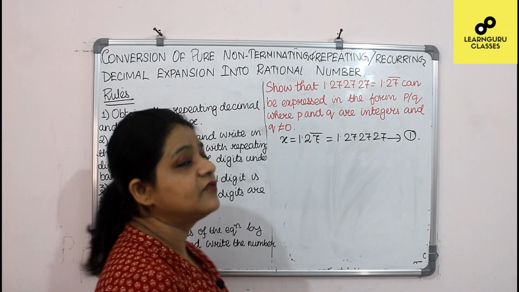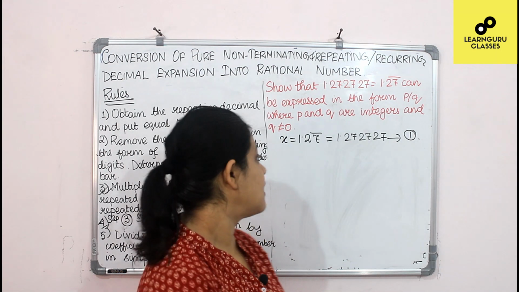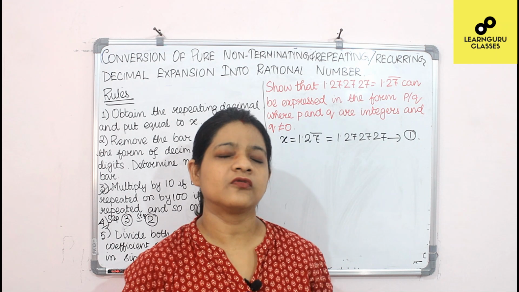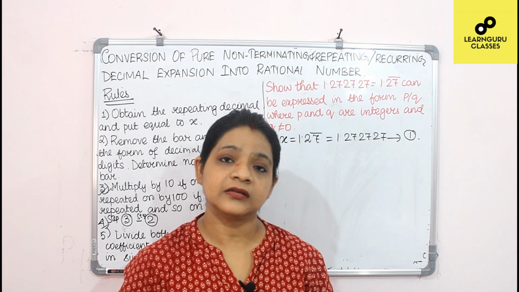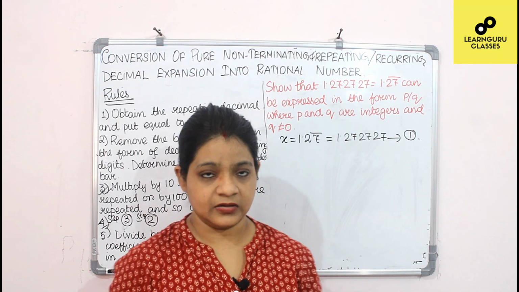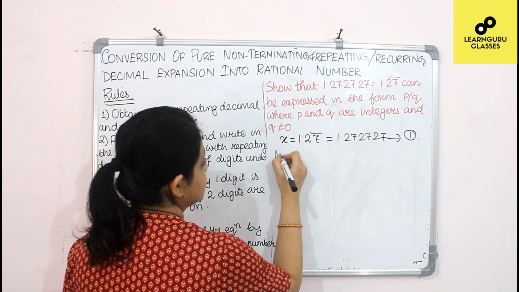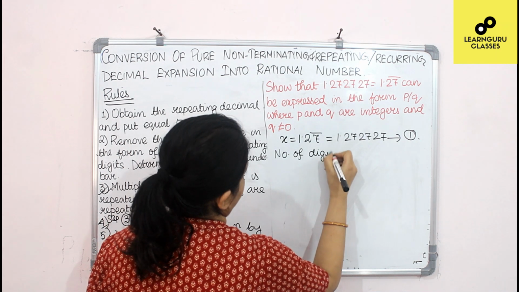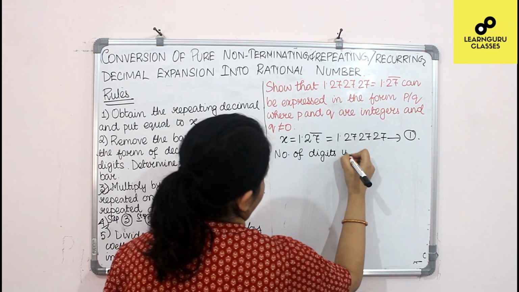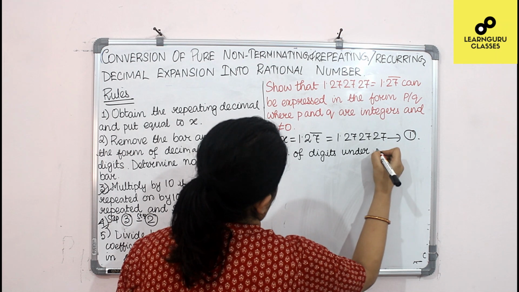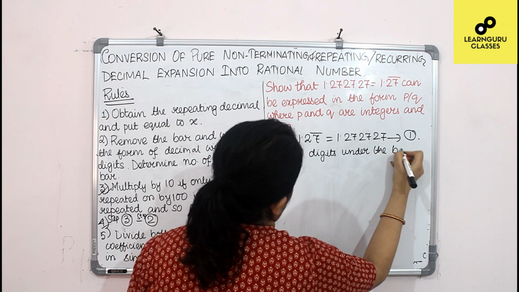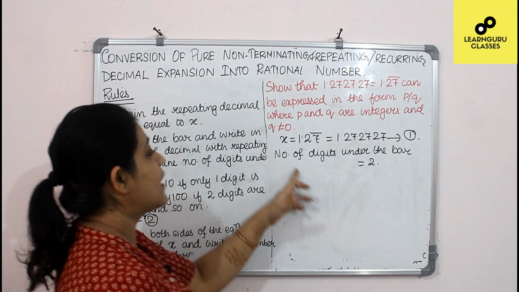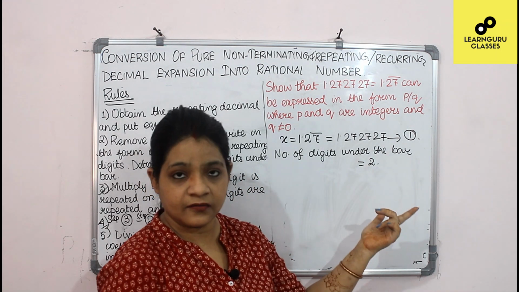Now how many digits are under the bar? 2 digits are under the bar. So number of digits under the bar equal to 2. So you will be multiplying it with what? 100x.